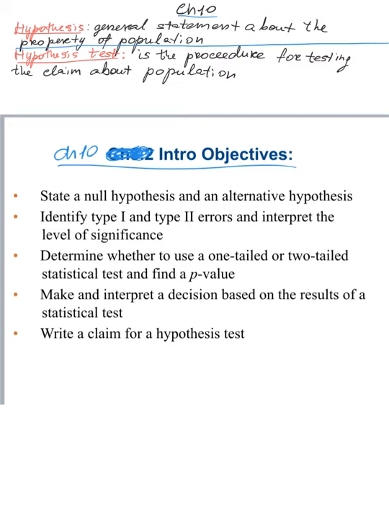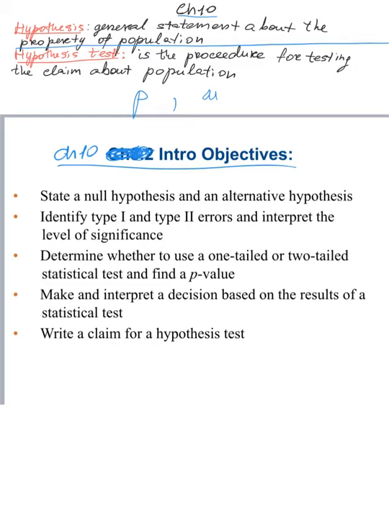So again, somebody makes a statement about, let's say, population proportion or population mean, and we have this methodology of testing their claim. So a hypothesis test is a procedure for testing the claim about a population proportion or mean for our purposes here.